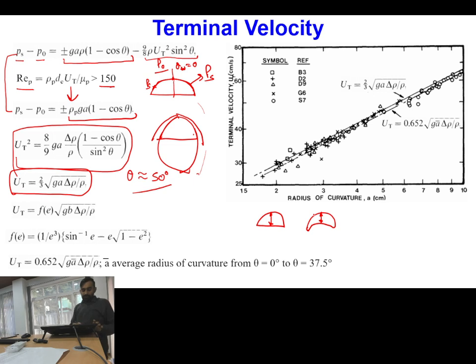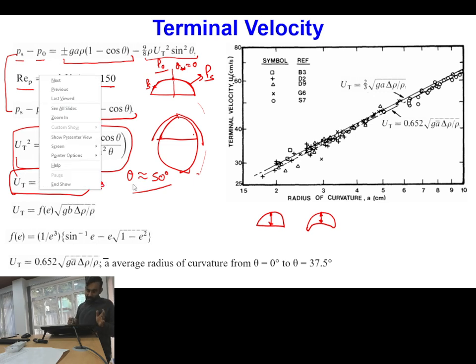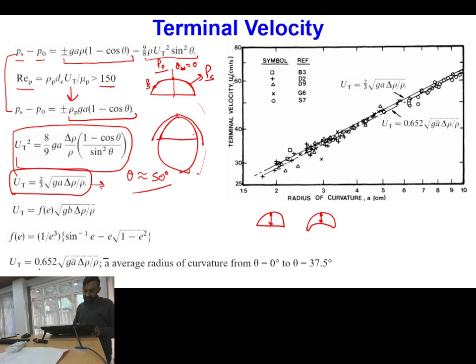So this is one theoretical relation, and the second is, if you account for the effect of this aspect ratio, then you can finally calculate U_t as 0.652 into square root of g a-bar delta rho by rho, where a-bar is the average radius of curvature, only when the value of theta is taken within the range of 0 to 37.5 degrees.